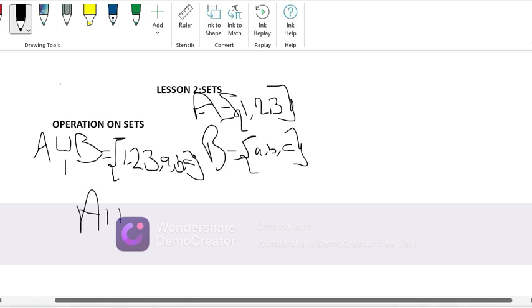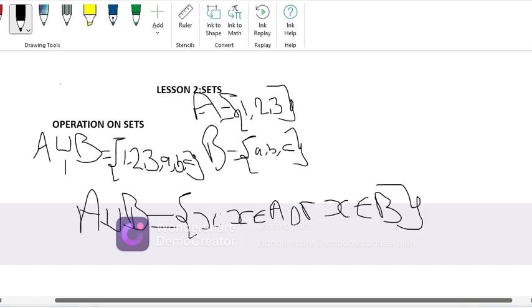A union B is equal to {x such that x is an element of A, or x is an element of B}. This symbol means an element of. That's A union B in set builder notation, which means this element can be a member of A or B.